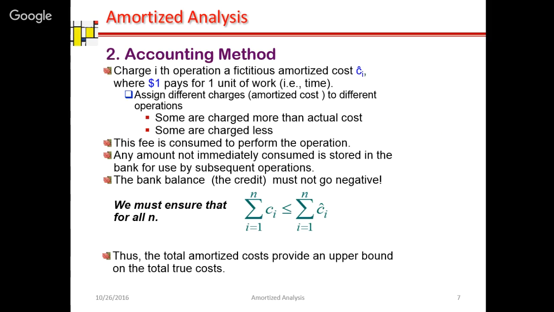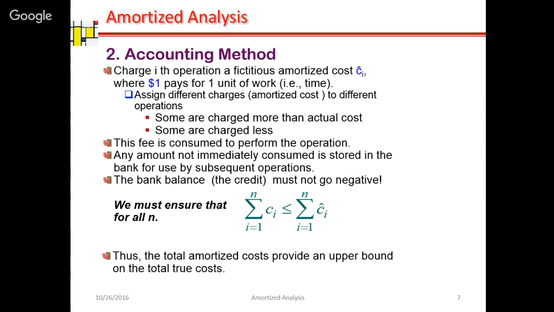Some are charged more than their actual cost, and some are charged less. This fee is consumed to perform the operation. Any amount not immediately consumed is stored in the bank for use by subsequent operations. The bank balance, also called credit, must not go negative. So the bank balance always has to be positive for this kind of analysis.